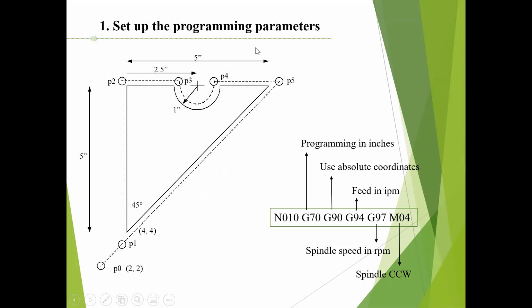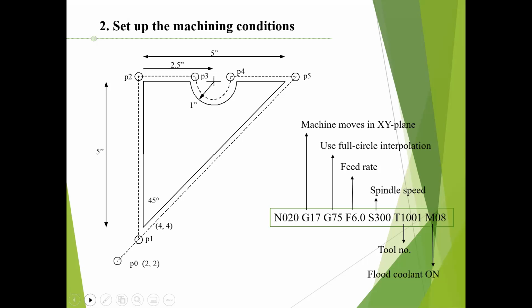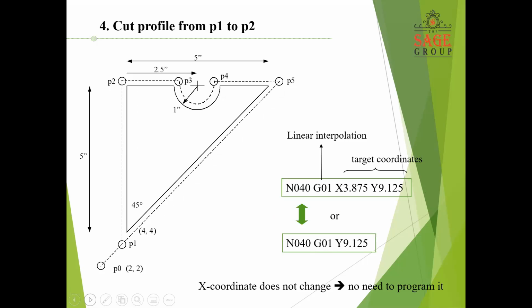ठीक है, इसकी प्रोग्रामिंग देखो आप, इसकी प्रोग्रामिंग ऐसे हो जाएगी. N010 G70 G90 यूजर फील्ड कोऑर्डिनेट्स, फीड इन G90 फॉर फीड हो जाएगा ना IPM. ओके, so on and so forth. ये पूरे प्रोग्रामिंग ऐसा होगा, पूरा इसके अंदर आप देखोगे तो ये इन पॉइंट्स के ऊपर ऐसे कट होता जाएगा.